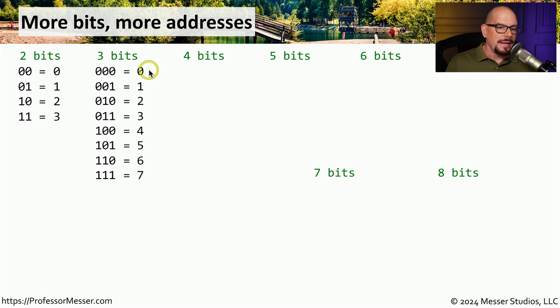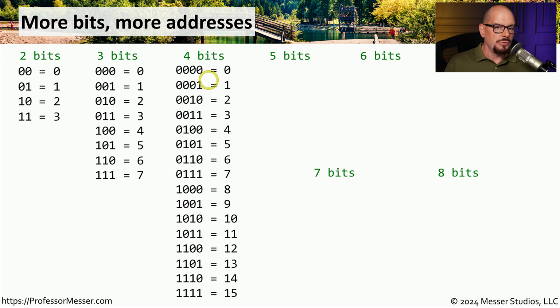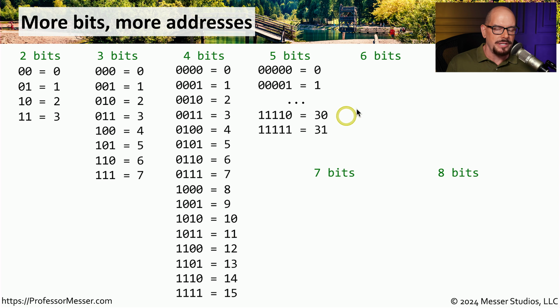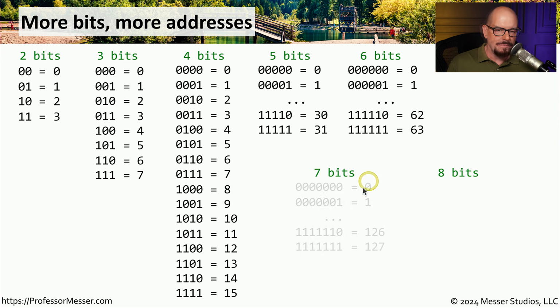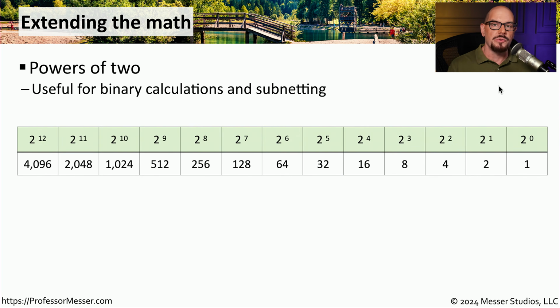If you have 3 bits, then you can have 8 possible outcomes. If you use 4 individual bits, you have up to 16 different options. 5 bits moves you up to 32. 6 would be 64. 7 bits is 128 possible options. And if you were to increase the number of bits into 9 bits, 10 bits, 11 bits, and so on, you would also increase the total decimal number.